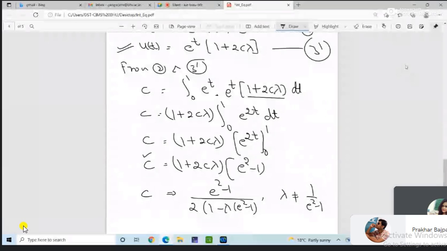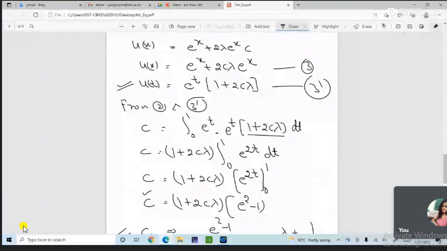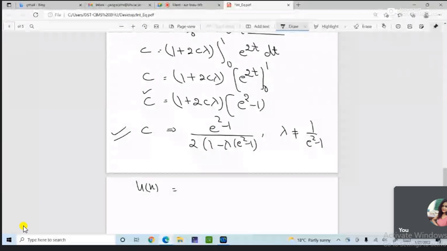Now substitute the value of c into our eigenfunction u(x). After solving, we will obtain u(x) is equal to e to the power x upon 1 minus lambda (e squared minus 1). And we can say that e to the power x is the eigenfunction of the Fredholm integral equation, which is the required solution.